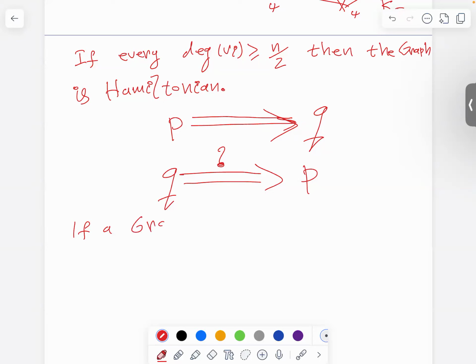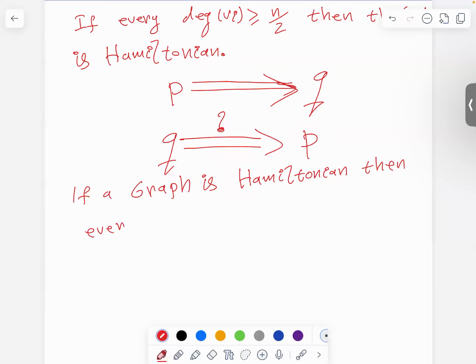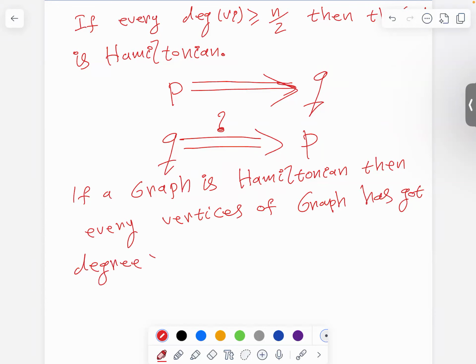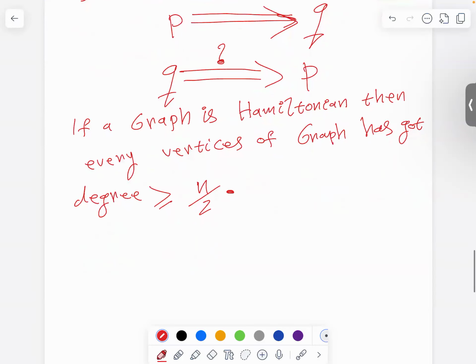If a graph is Hamiltonian, then every vertex of the graph has got degree more than half of the vertices. Okay, is this true?